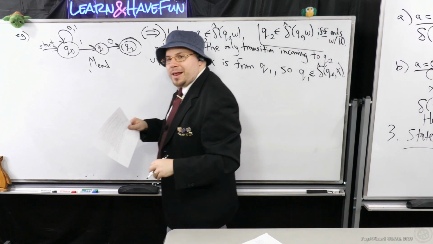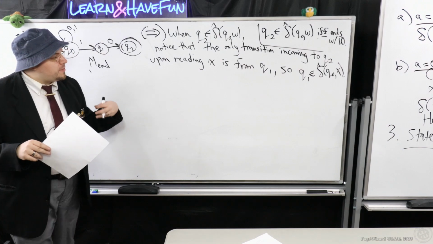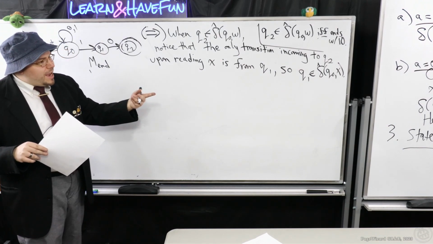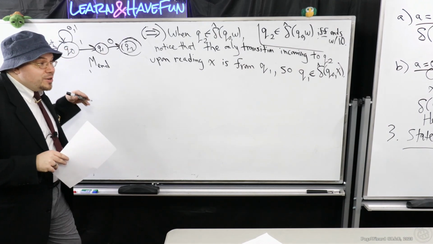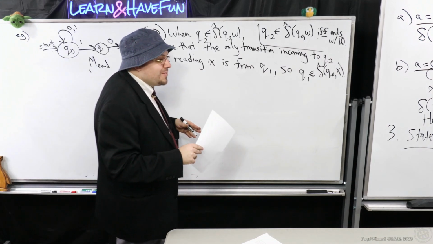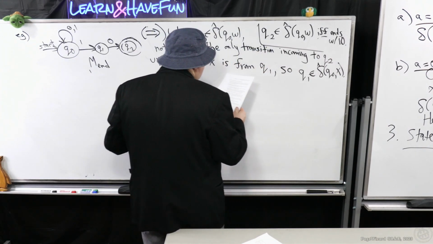So it means that Q1 had to have been a part of the set of states upon reading X. So now that I know this, I have an idea what the form might look like, okay?